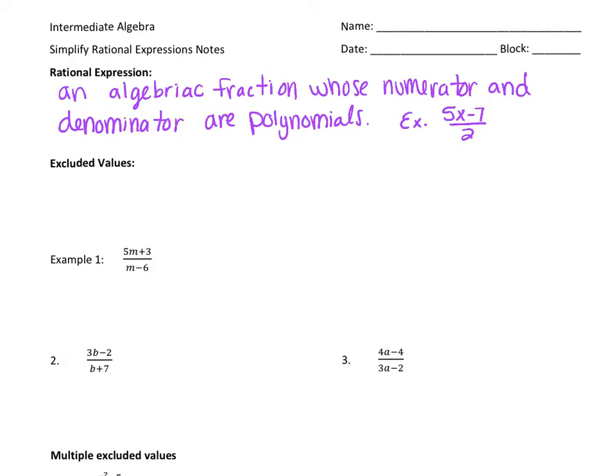Now, something else we have to consider with a rational expression, especially because it's a fraction, is we're going to have something called excluded values. And excluded values are any value or number that results in a denominator of 0.